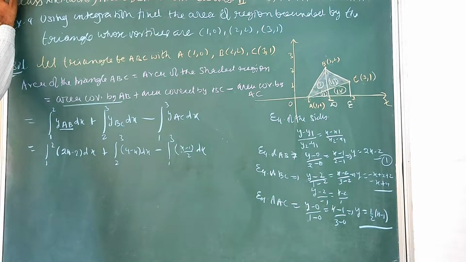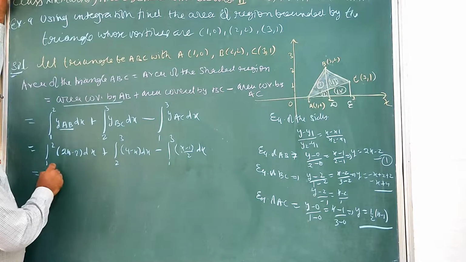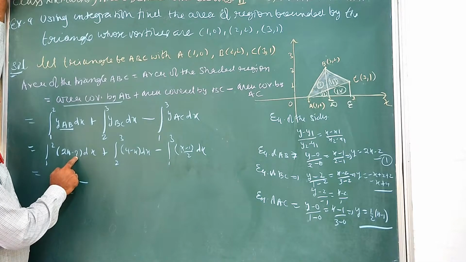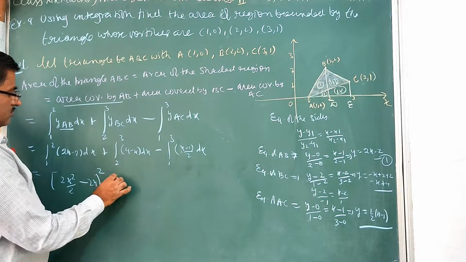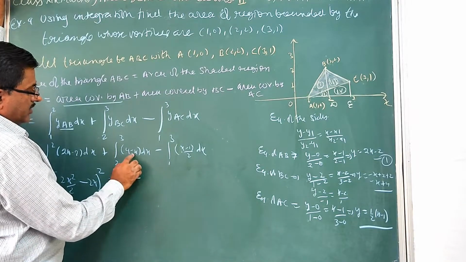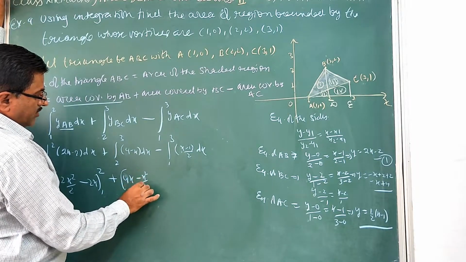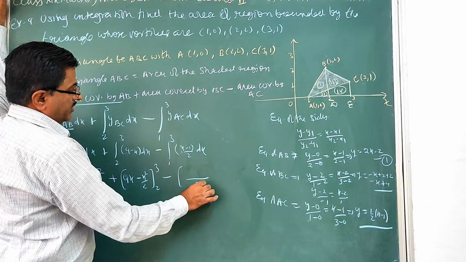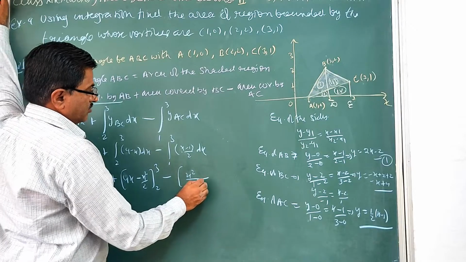Now this is the simple definite integral you can easily solve. So integral of 2x is 2x square by 2, minus 2 is already there. Integral of x is x square by 2.